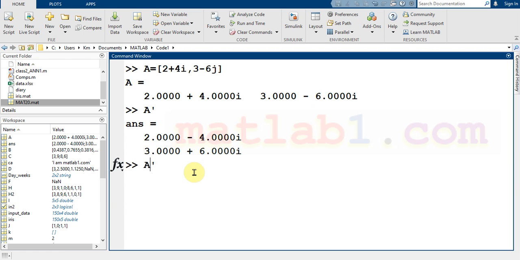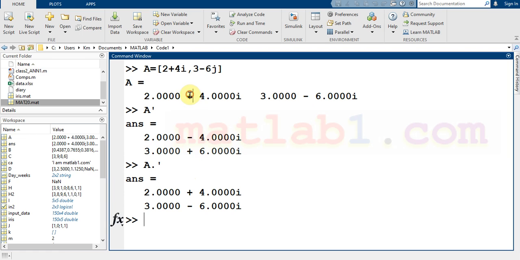But if I write dot transpose, it just transposes without any change in the I. The plus is a plus, the minus is a minus. So depending on the content of your array, whether it's complex or not, there is a difference between dot transpose and transpose.